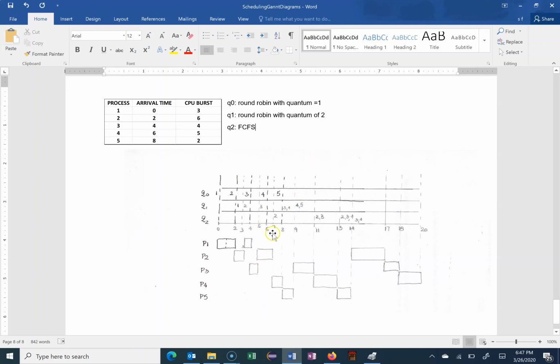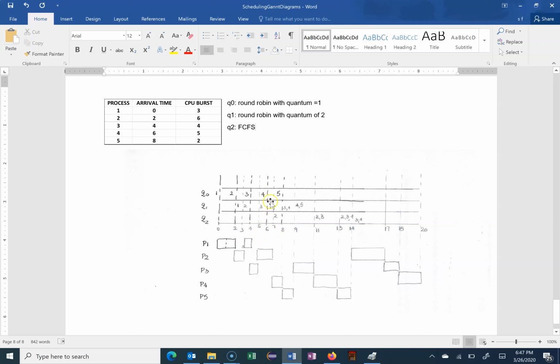Here is the place where we take into consideration that we have a non-preemptive scheduling algorithm between queues compared to a preemptive one. Because look what happens. Process 2 was picked from Q1 and it goes from 5 to 7.